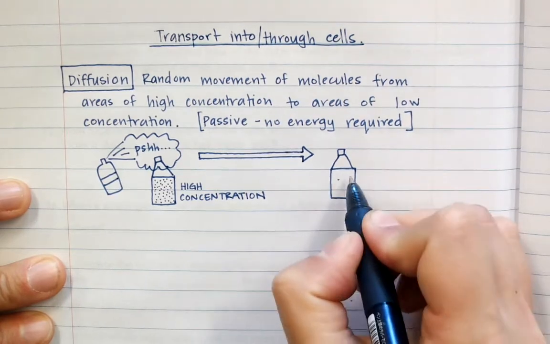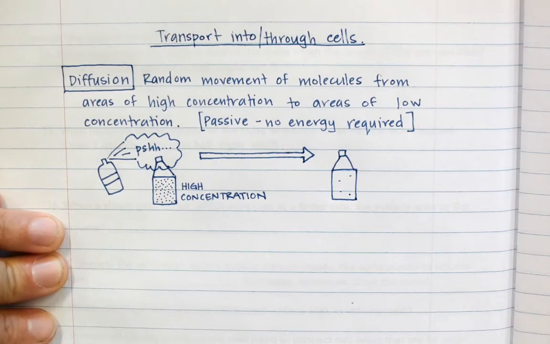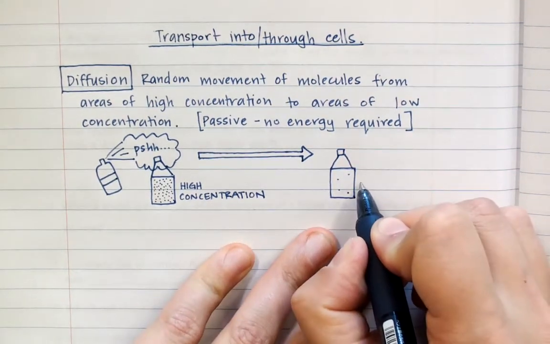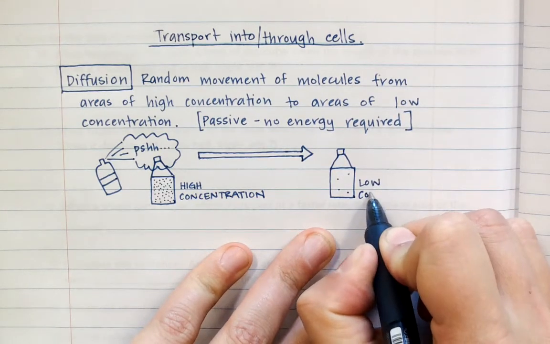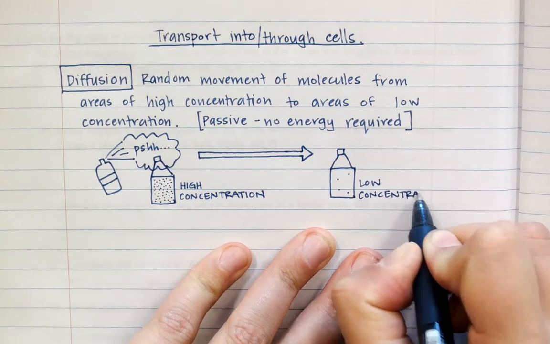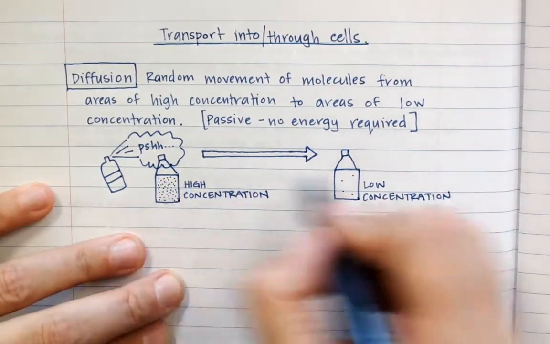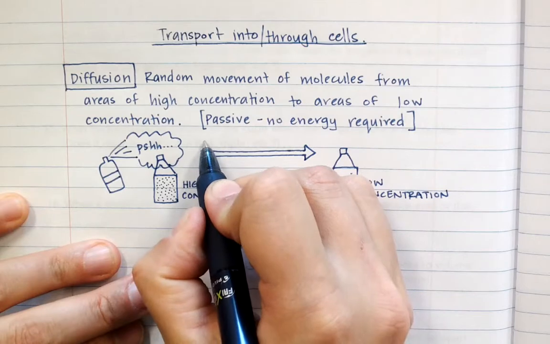In this one, I might only have like 4 particles, 4 molecules of this, because this is my low concentration. So the net movement is from high concentration to low concentration.